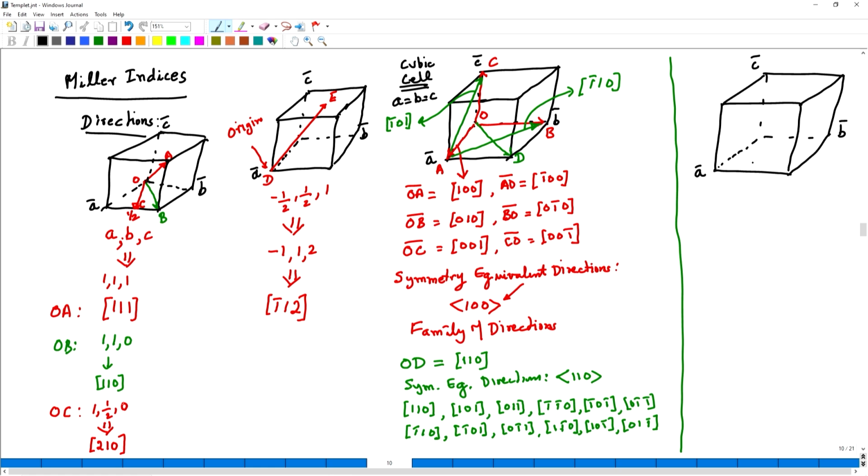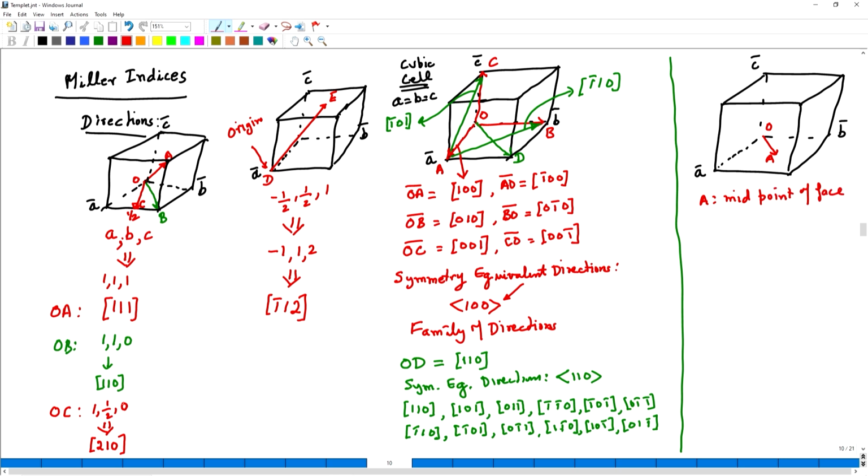So, let's take a specific direction like OA. Now, A is the midpoint of the face.